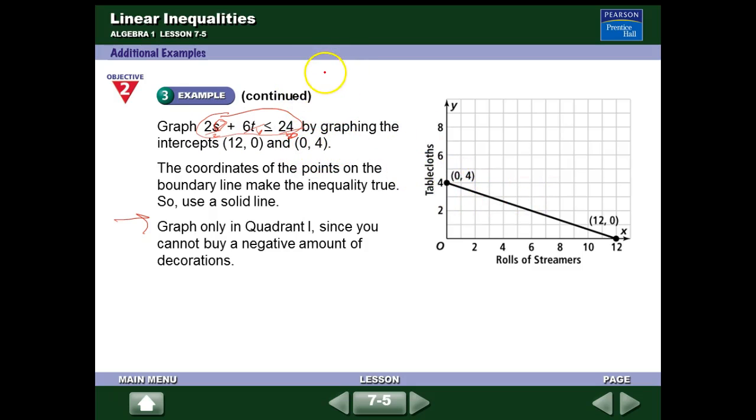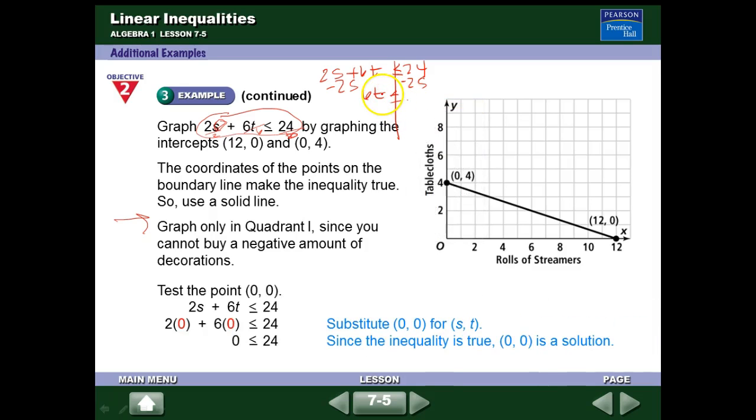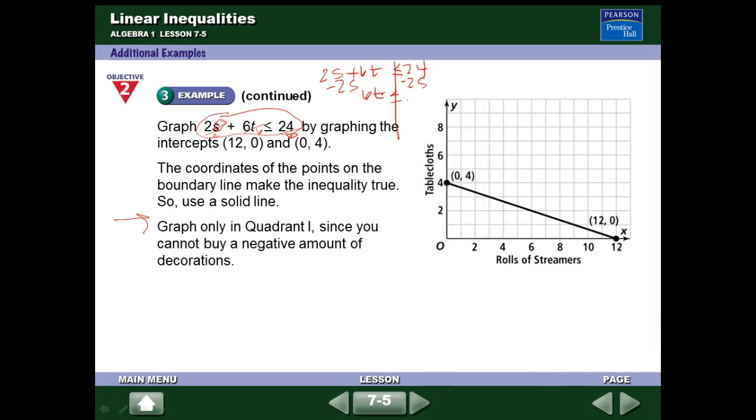The other way you could do it is 2s plus 6t, and this is how most of you in the class like to do it, is solving. So minus 2s, 6t is less than or equal to negative 2s plus 24, divided by 6.